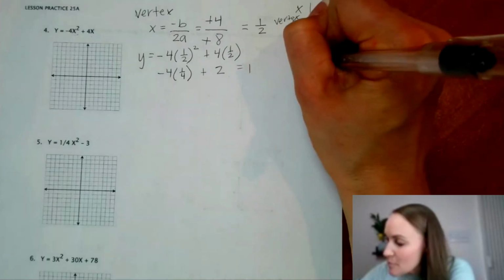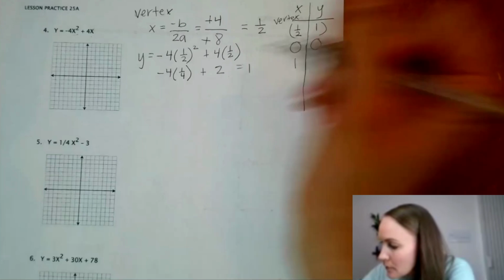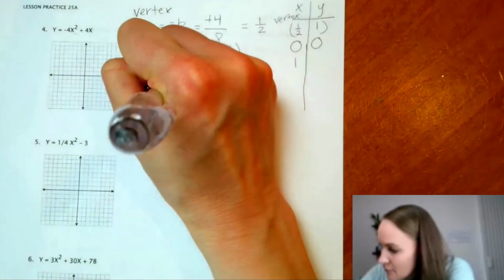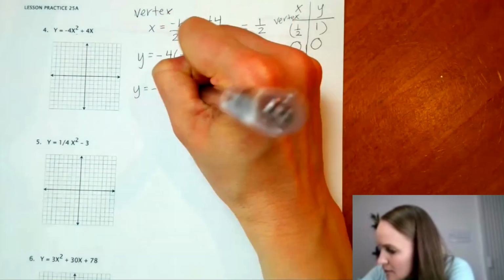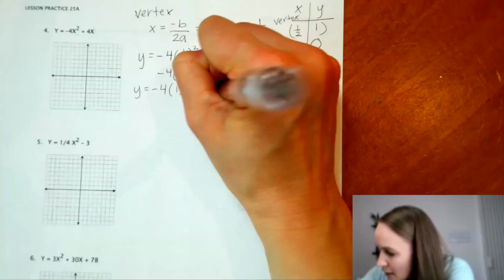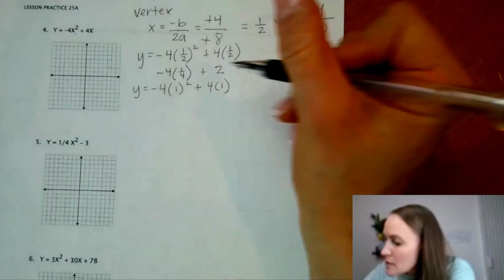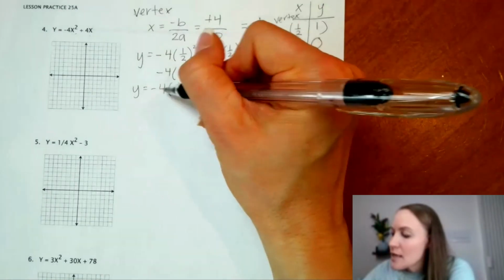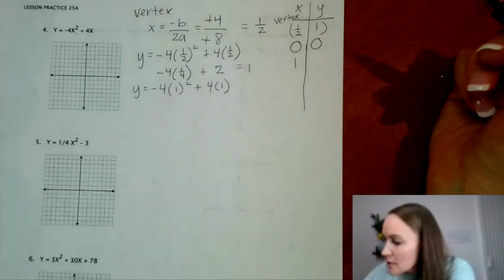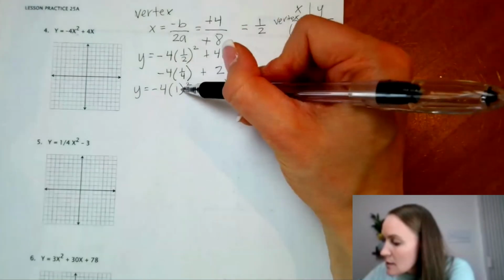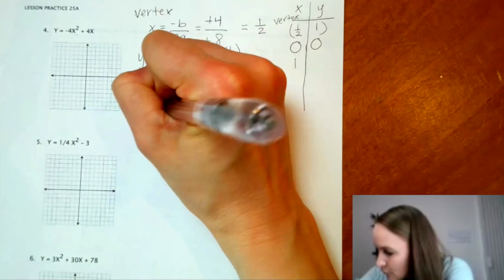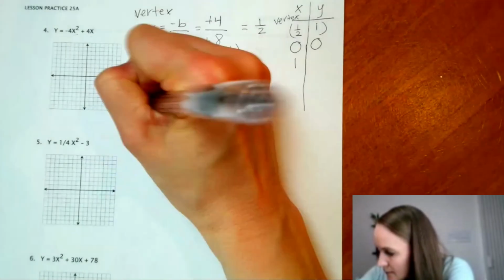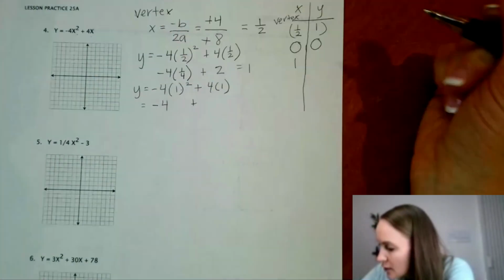So I'm going to plug in +1. So y equals -4 times +1 squared plus 4 times +1. So I have 1 squared is 1, -4 times 1 is -4 plus 4 times 1 is 4.